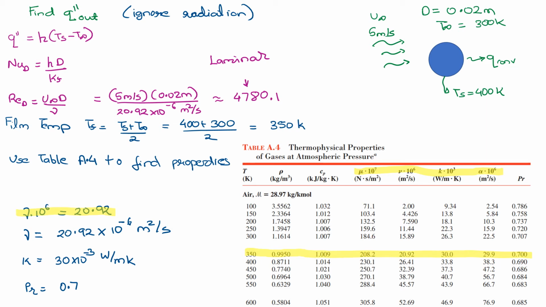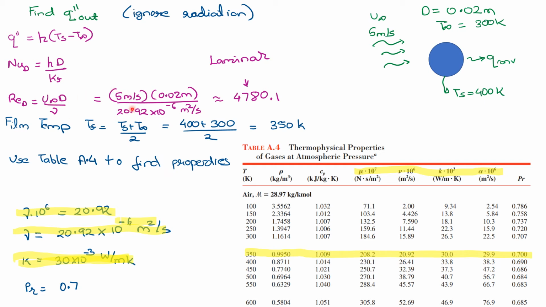So your nu will be 20.92 times 10 to the power minus 6 meter square per second. Similarly, your k will be 30 times 10 to the power minus 3, since k times 10 to the power 3 is equal to 30. And your Prandtl number is given as 0.7. So we have our thermal and fluid properties from table A.4.